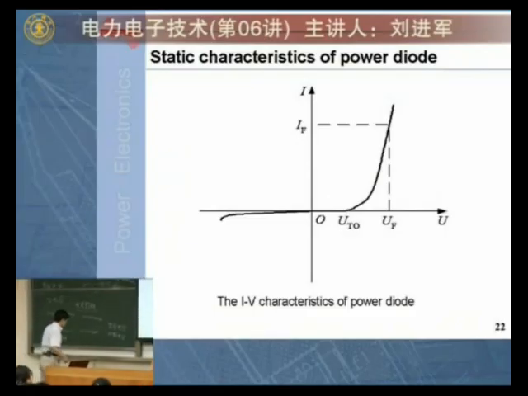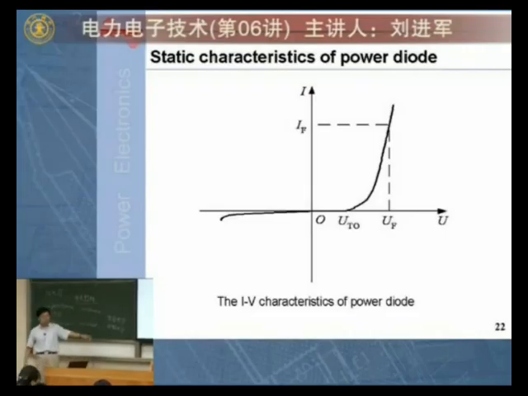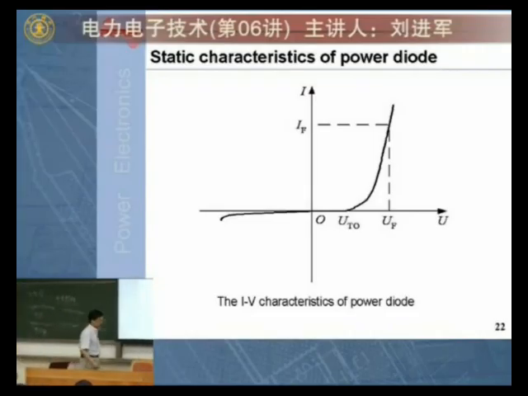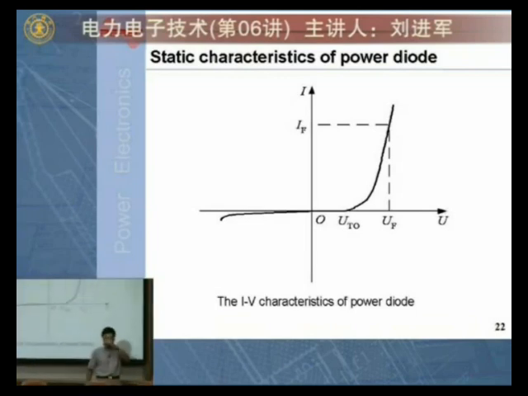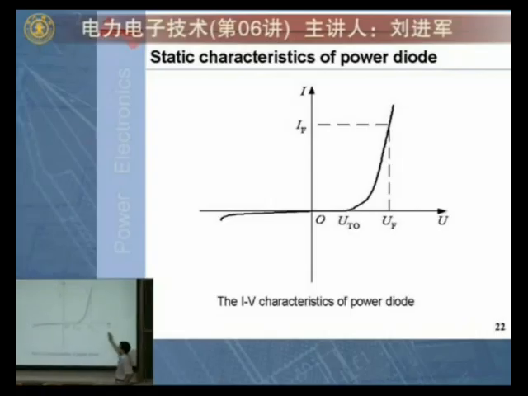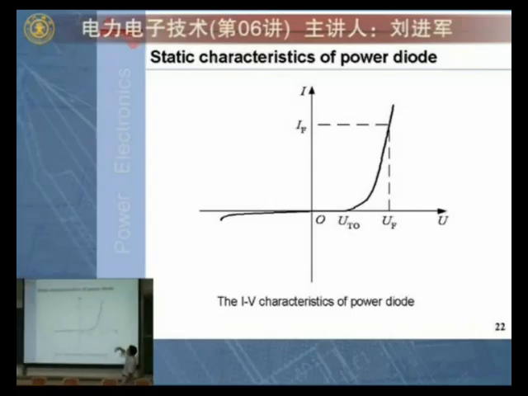Now the characteristic, this is very similar to the information electronic diode. This is a static characteristic. The horizontal axis is the voltage applied across the diode. The vertical axis is current.